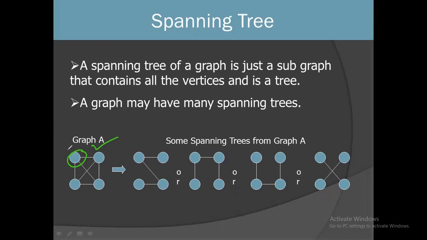Let us take the example A, B, C, D. Let us assume, and here B, A, D, C. This is one of the spanning trees, and C, A, B, D. This is one of the spanning trees from the graph, and A, C, D, B. This is one of the spanning trees from the one graph, etc.